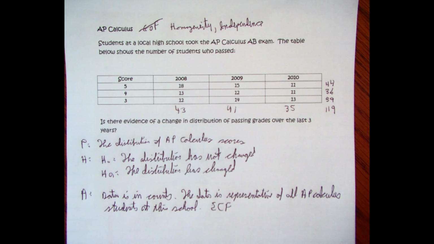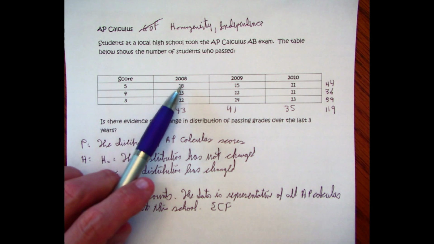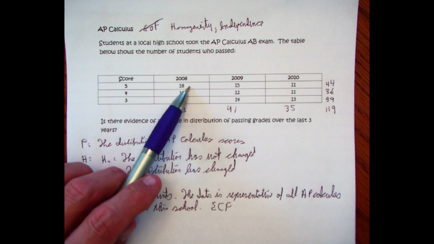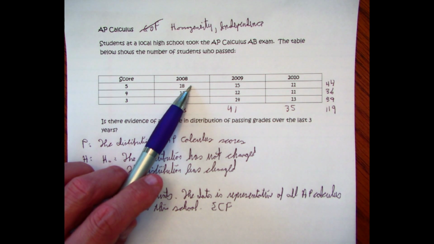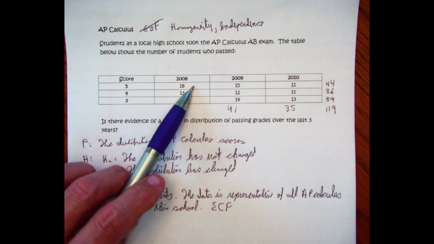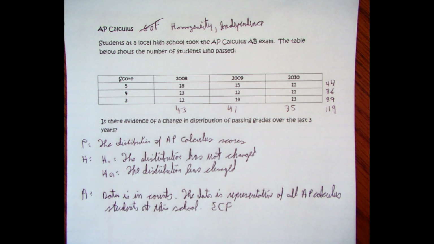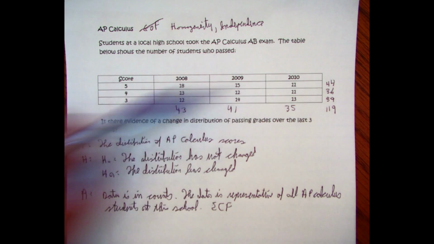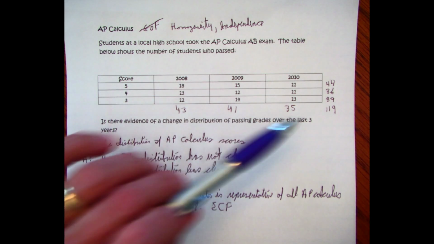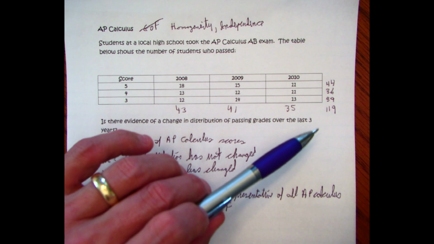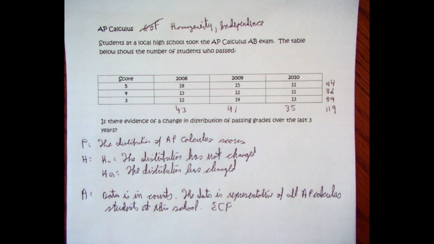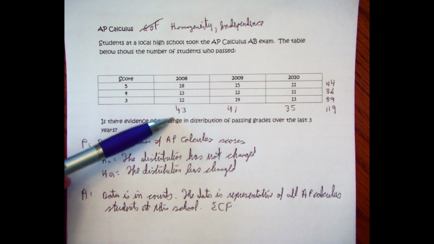Well, if I was to look in 2008 for the number of 5s I would expect, well, how many 5s would I expect? Well, I would expect 44 out of 119. Right? So the proportion of 5s, if the distribution hasn't changed, should be approximately 44 out of 119 times the number of people in 2008.